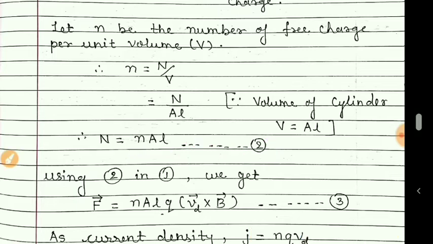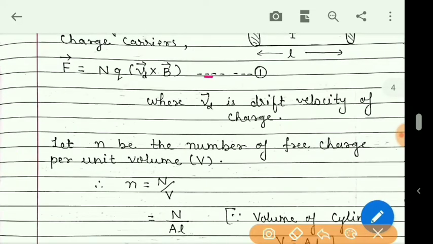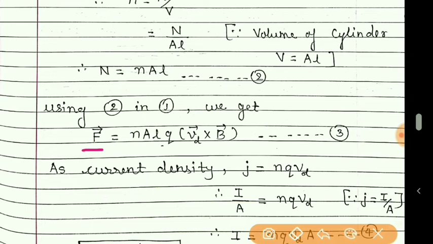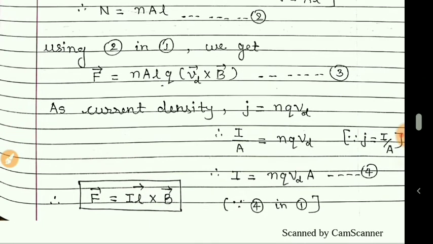Now using 2 in equation number 1, in place of this N we will put nAL. So now we get force F is equal to nAL Q Vd cross B. Students, we have studied current density in chapter 3, and the relation of current density and drift velocity is given as J is equal to nQVd. Here Q is the charge of a particle.